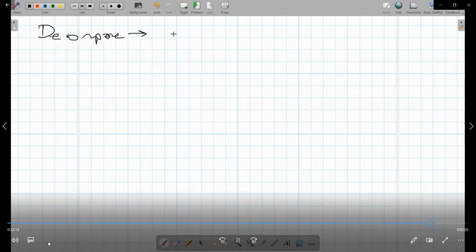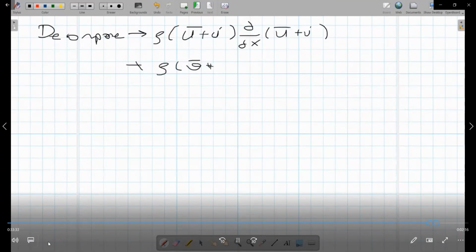Basically, decomposing means, for example, the first term u bar plus u prime, so I'm decomposing it, and now dx of u bar plus u prime, and the second term, the v term, so v bar plus v prime, and then dy of u bar plus u prime on the left hand side.